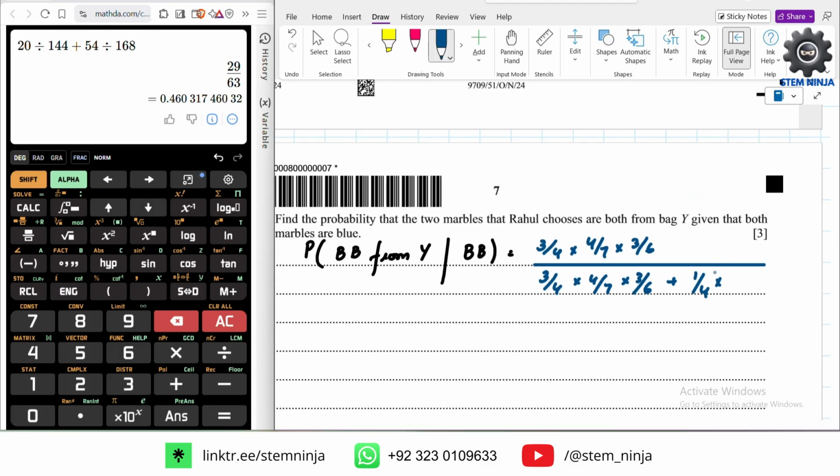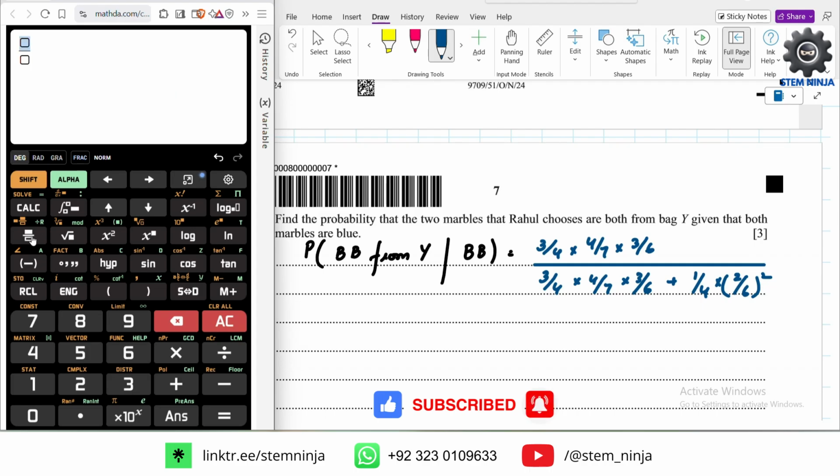Sorry, 2 by 6, yes. Right, okay. So we have 3 divided by 4 plus 4 divided by 7.